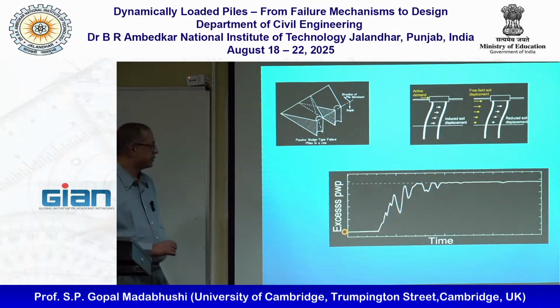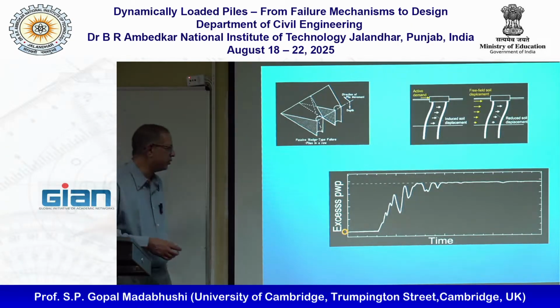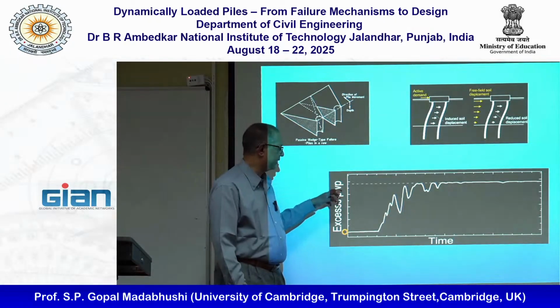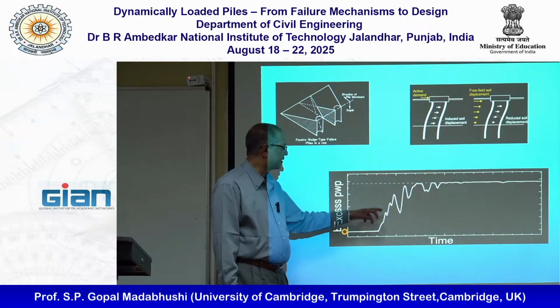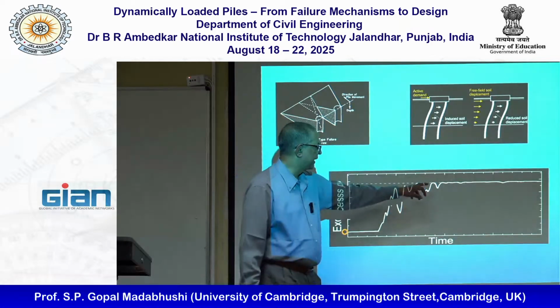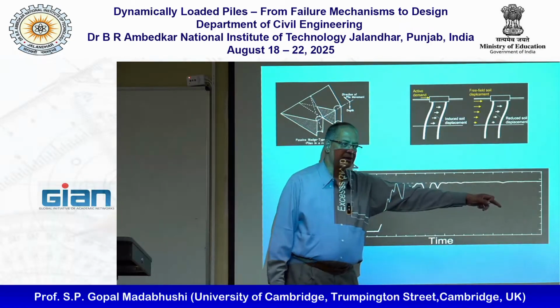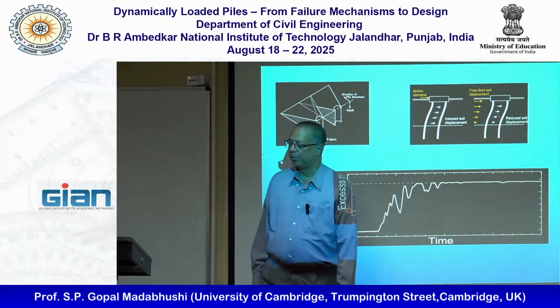Now, I probably showed you this already. Typically this is what we are worried about. The excess pore water pressure, once the earthquake starts, builds up and stays like that until it starts to dissipate in the post-earthquake period.